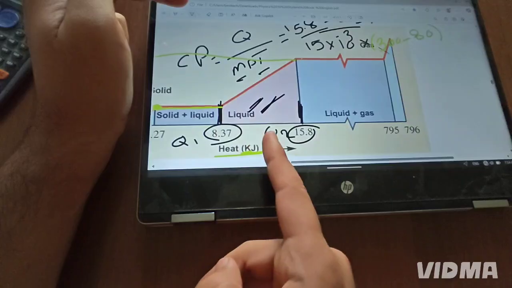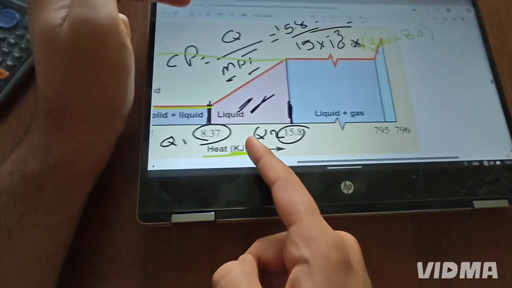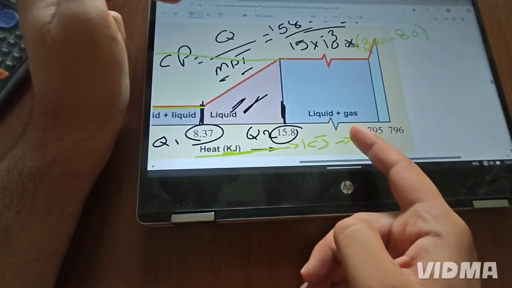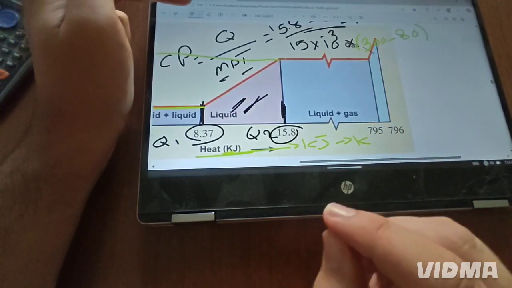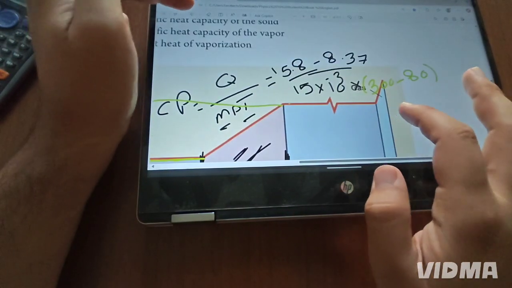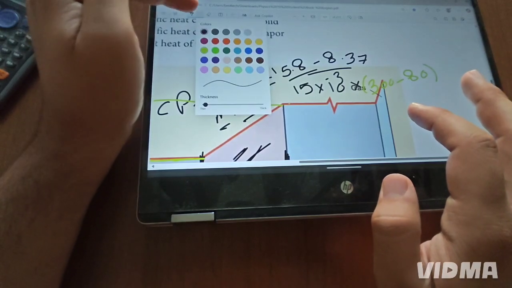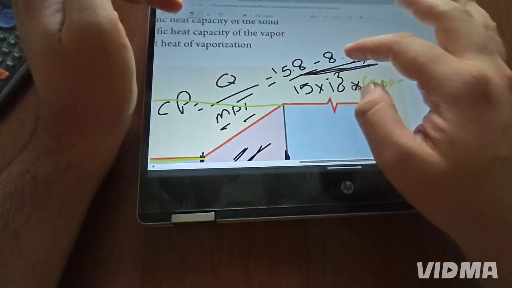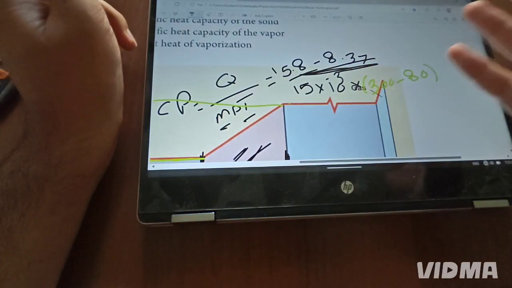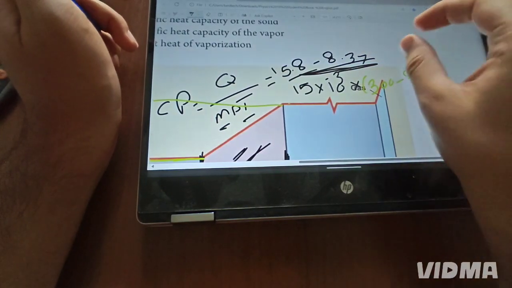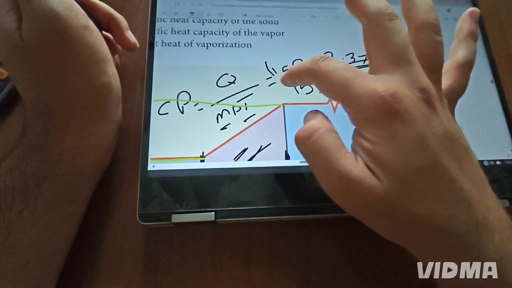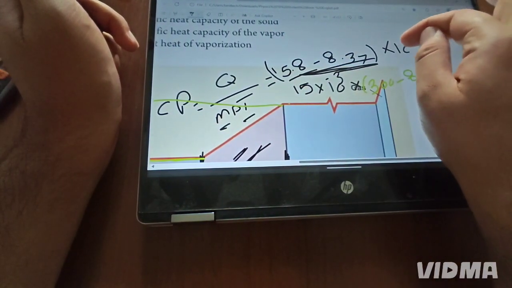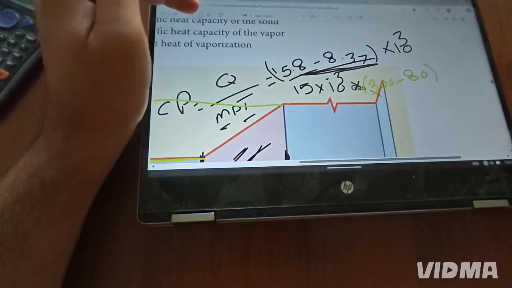How can we convert kilojoule? The rule of kilo is 10 power 3. So when you found the value of energy, for example 15.8 minus 8.37, whatever the answer is, at the end we make a bracket and multiply by 10 power 3, because you have to make it joule.